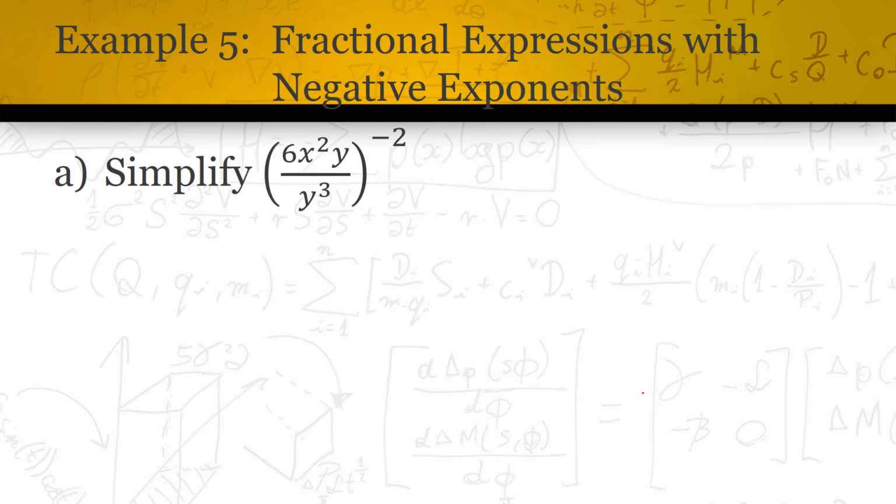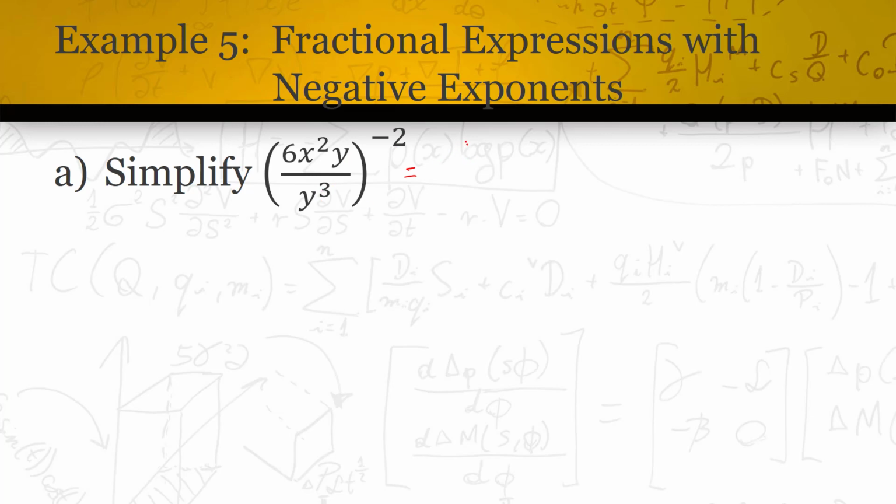And what does that mean in terms of problems? Well, here's one. Here we have 6x squared y divided by y cubed. And there's a variety of ways to approach this. We can first simplify what's inside the grouping symbol. For me, I like to get rid of my negative exponents first if I can. So I can do this by rewriting this as a reciprocal, and then it'll be reciprocal squared.